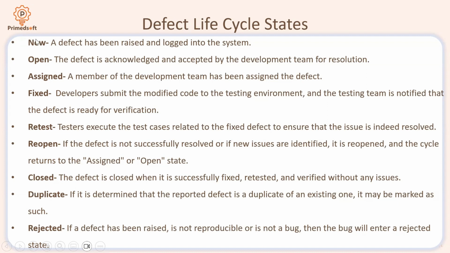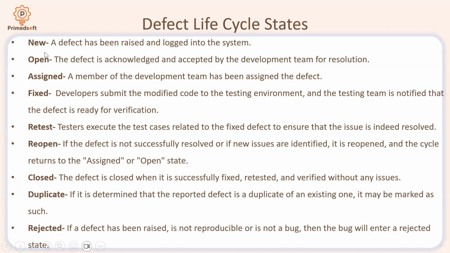A defect can be in any of these different states, depending on the situation around that defect. We'll go through a flow chart to show you how all these flow, but first we need to understand what all these states mean: what new means, what open means, what assigned means.